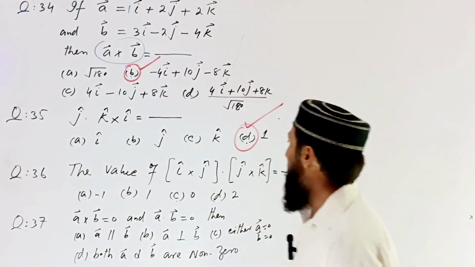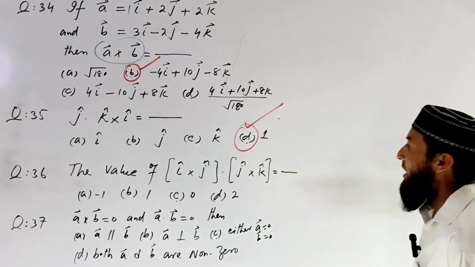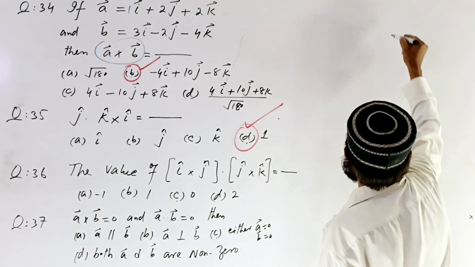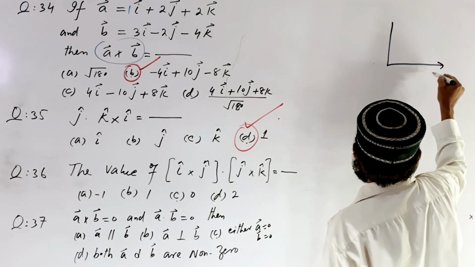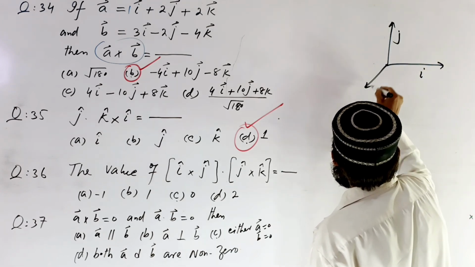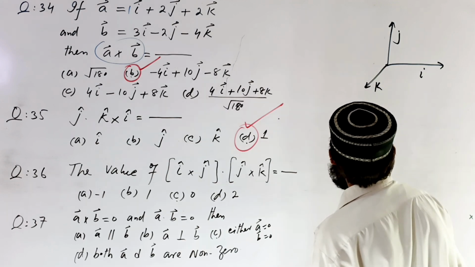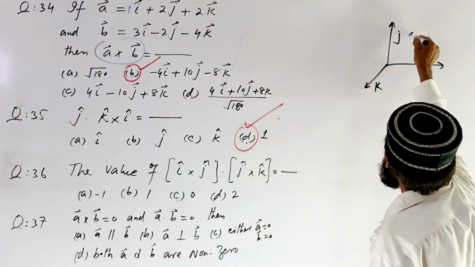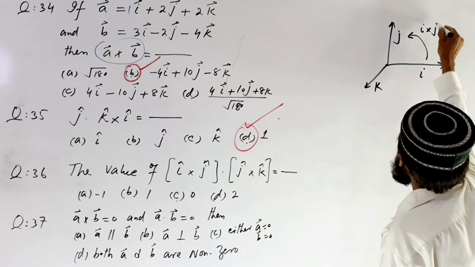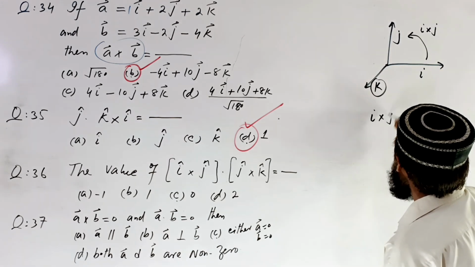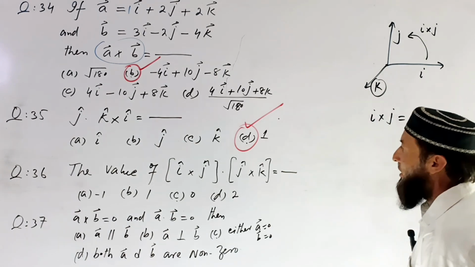The value of (i cross j) dot (j cross k): applying the same rule, with i, j, and the z-axis k. Here i cross j, the result is k.